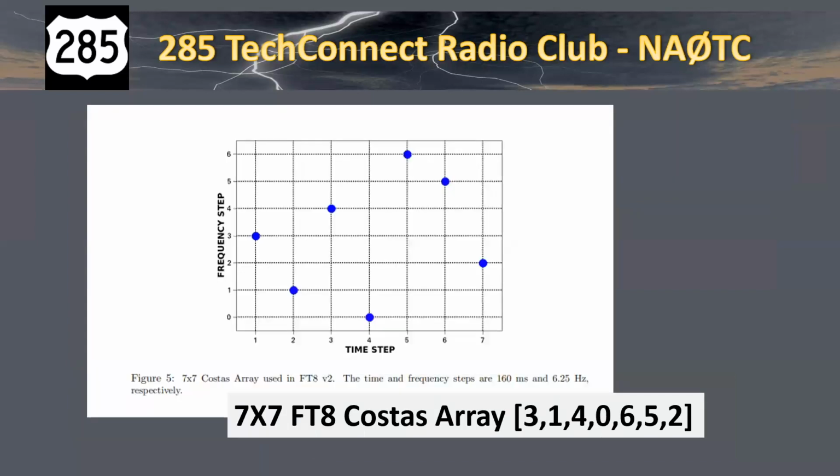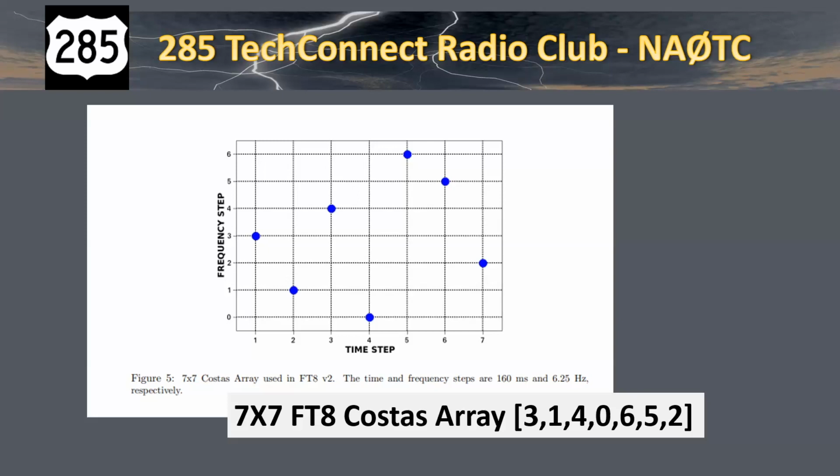This is the Costas array if you plot it as an array with time on the horizontal axis, the X, and frequency on the Y. And you'll see in interval 1, 3, 2, 4, 0, 6, 5, 7. That's the time and the frequency, and it's laid out as an array.